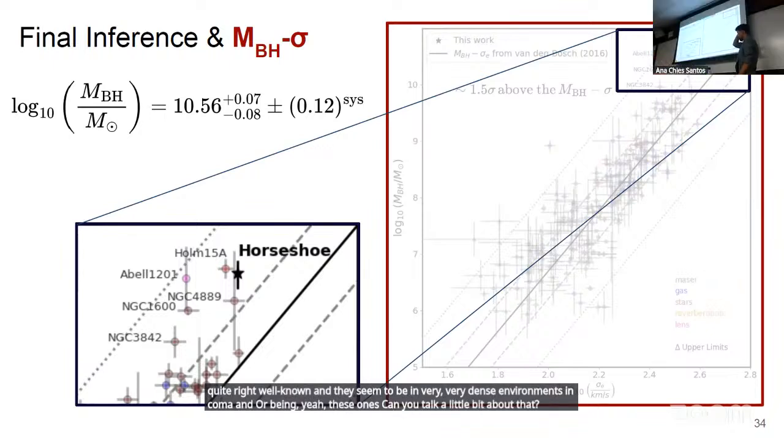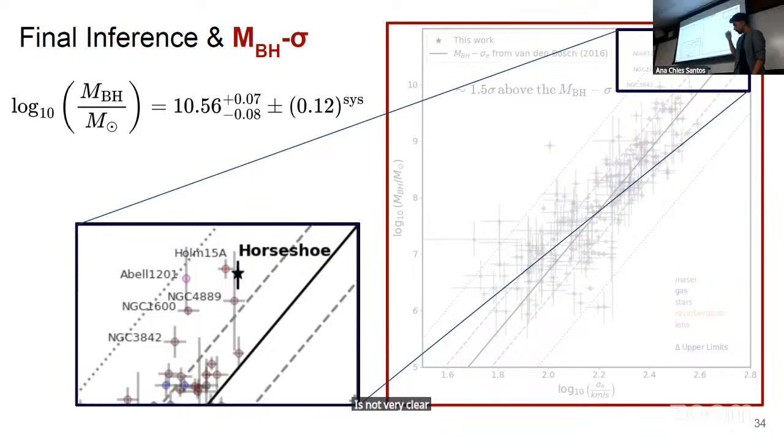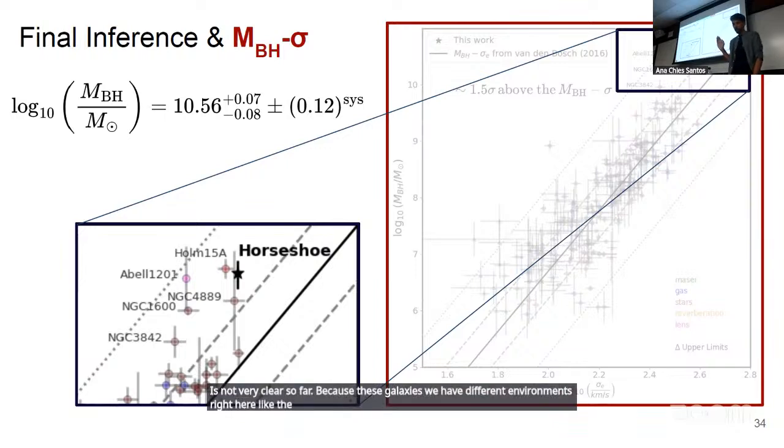It's not very clear so far, because these galaxies, we have different environments right here. Like the horseshoe, we believe it is a fossil group.